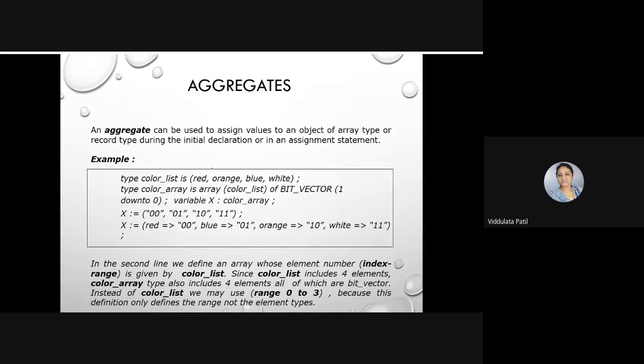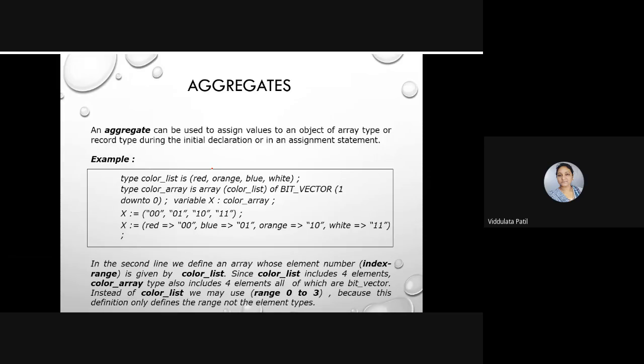Then type color array is an array of color list of bit vector 1 down to 0, and variable x is of type color array. So x could be assigned 00, 01, 10, 11. Red is 00, blue is 01, orange is 10, and white is 11.